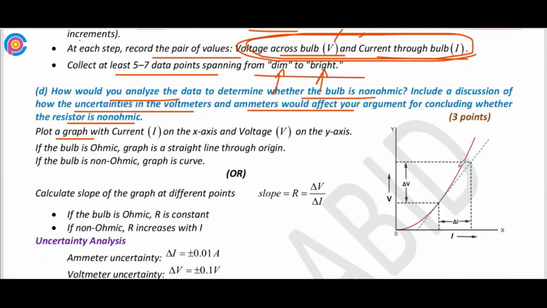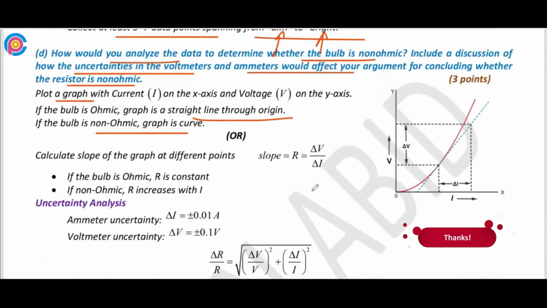If the graph is curved, it is non-ohmic. From the point of view of slope, if the graph has different slopes at different points, where the slope R = ΔV/ΔI, then the resistance is changing. If R is constant, the same at each pair of points, it is an ohmic device. If R is changing, then it is non-ohmic.